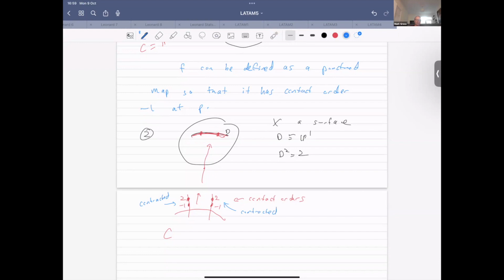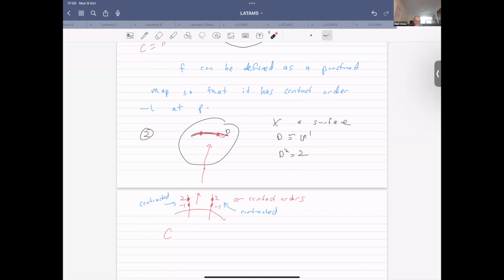Okay, now if you take a look at the sum of these contact orders, 2 plus 2 minus 1 minus 1 is 2, and that accounts for the intersection number of the curve class represented by this map, that curve class being D, with the divisor D, which is 2. That's how it shows these contact orders.